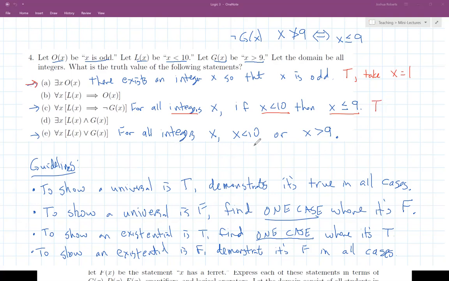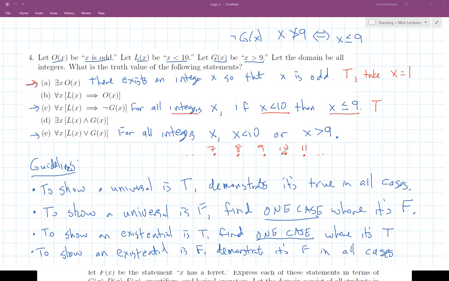Then for all integers, x is either less than 10 or it's greater than 9. Well, think about your integers. Your integers look like this: 7, this keeps going on, 8, 9, 10, 11, this keeps going on.